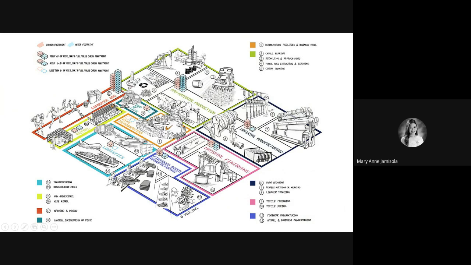Then the pink group, which consists of activities 9 and 10, is for material finishing. Then this blue group, consisting of activities 11 and 12, is for finished goods manufacturing. Then this teal group, consisting of activities 13 and 14, pertains to logistics.